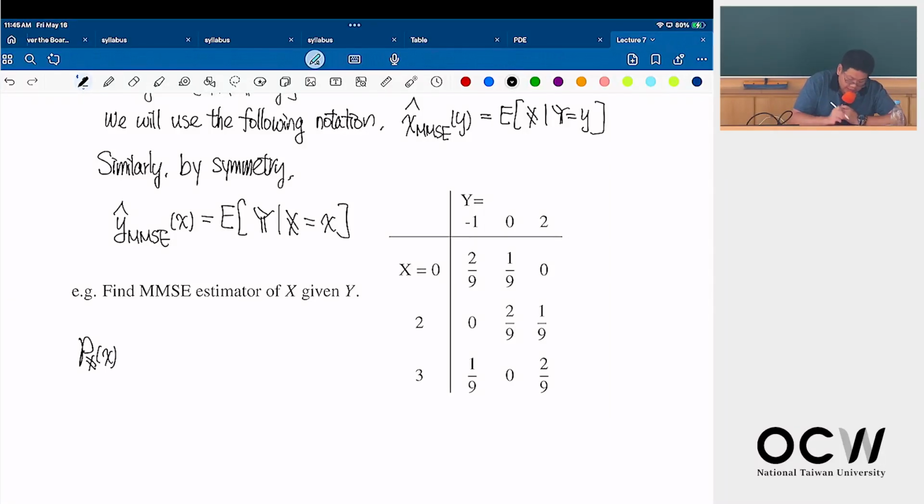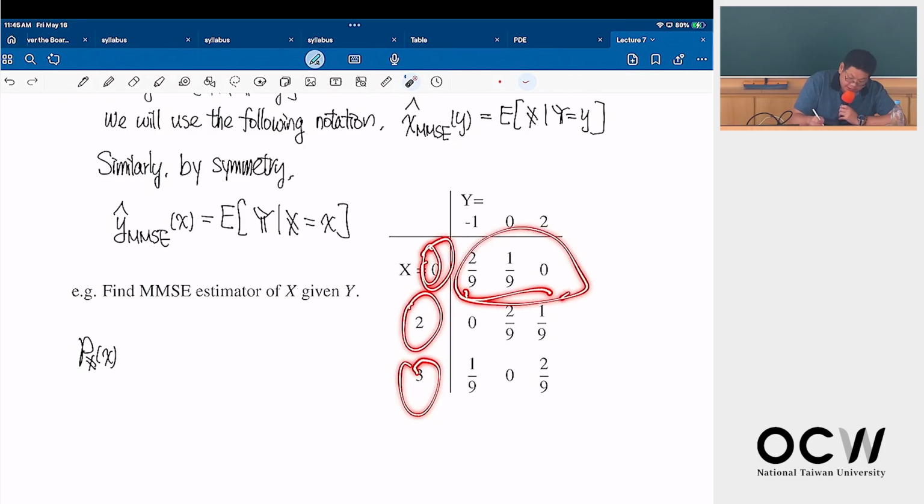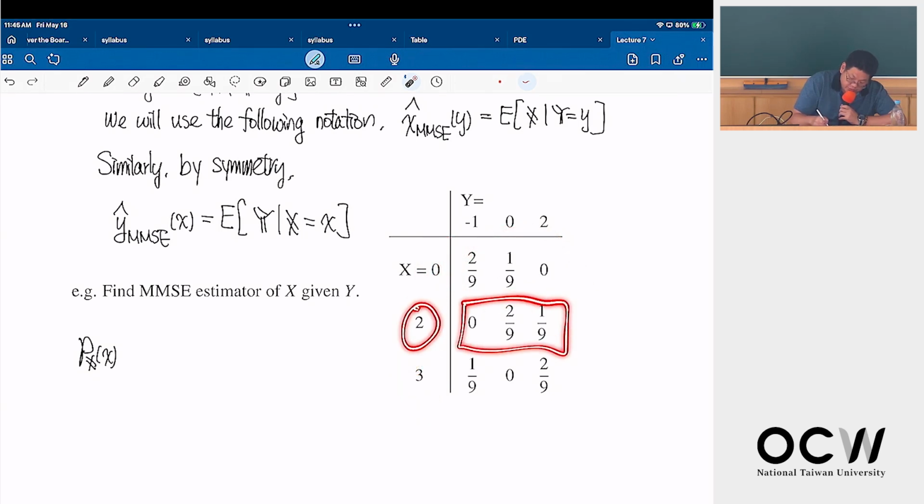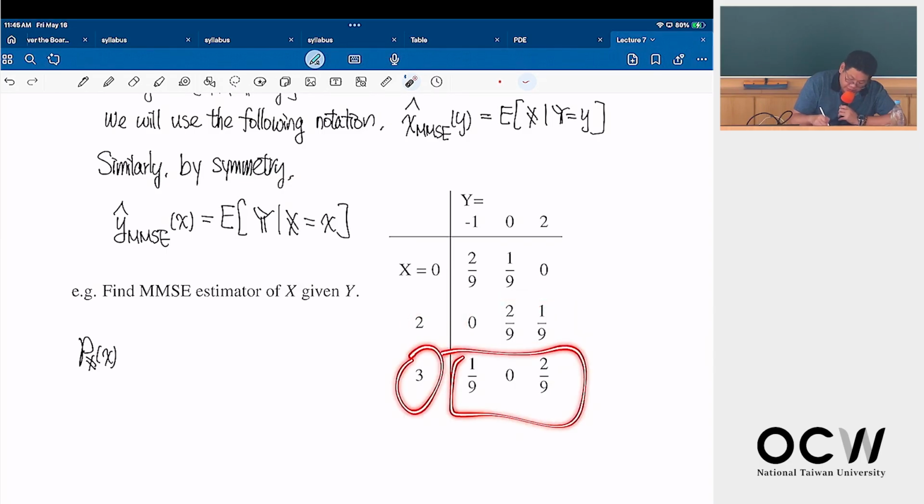I have values at 0, 2, and 3. For 0, it is 1/3. When X equals 2, it is 1/3. When X equals 3, I also get 1/3.